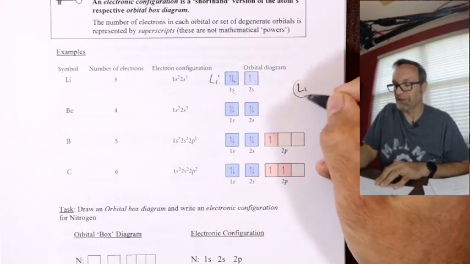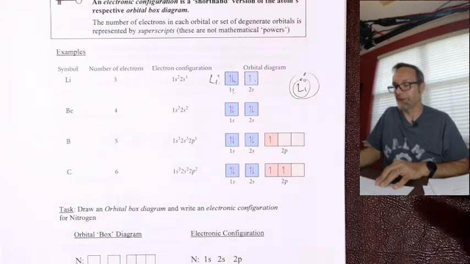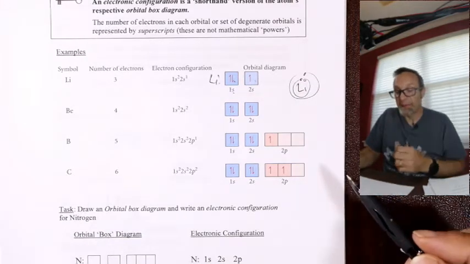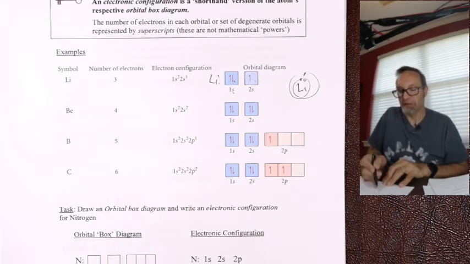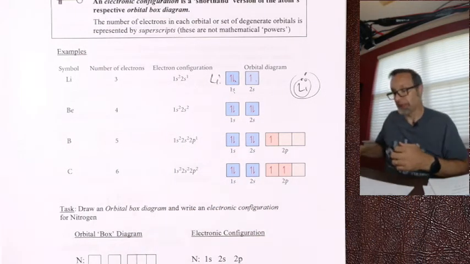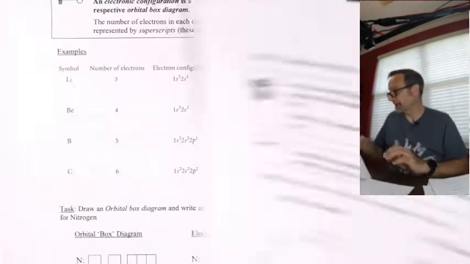If I did my energy level diagram, my dot diagram, I got that. Now if I do something a little more complex, there are some examples right here. Let's run down to nitrogen, because we just did it.